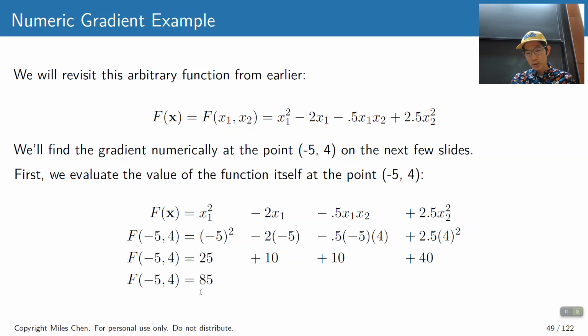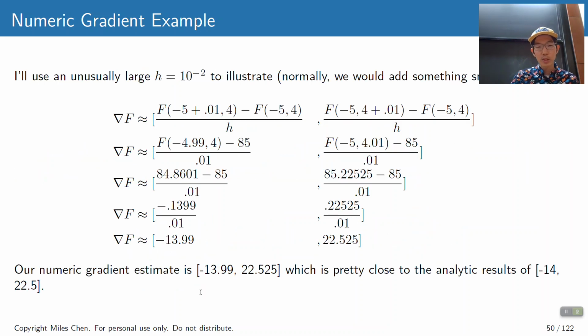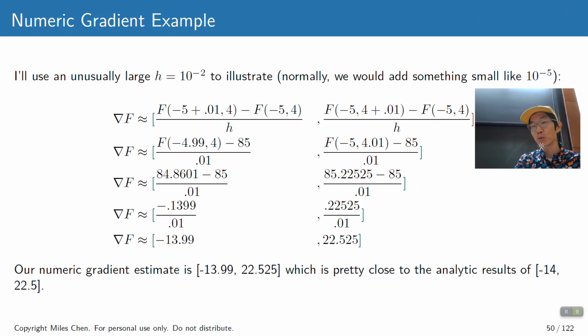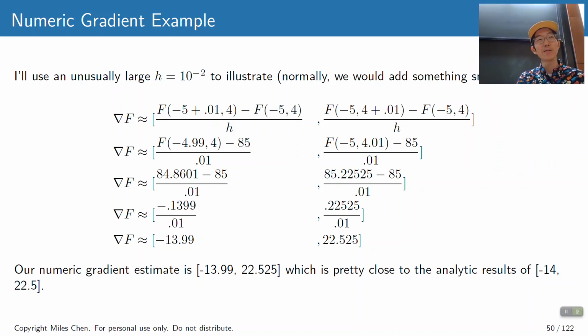On the next step, I'm going to add a tiny little h, first to the first component. So our x1 is -5, and I'm going to add a tiny little h of 0.01. 0.01 is considerably large. Normally we would probably add something like 10 to the -5.